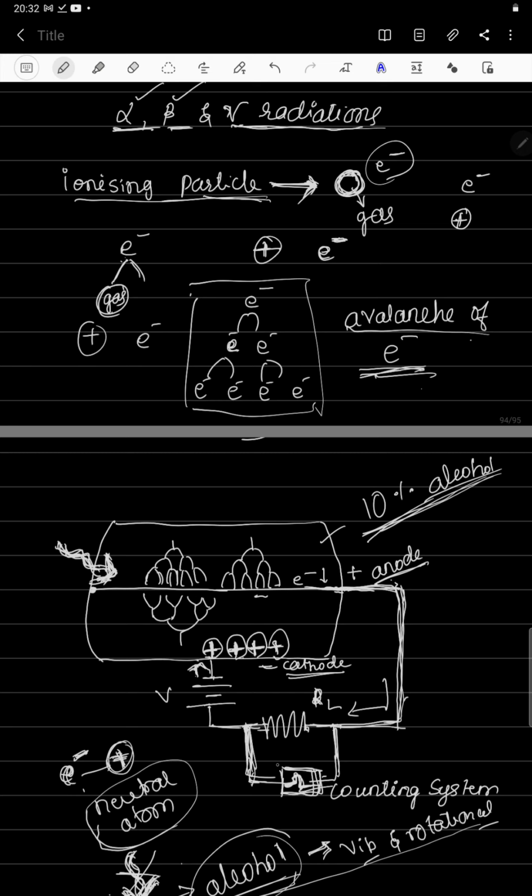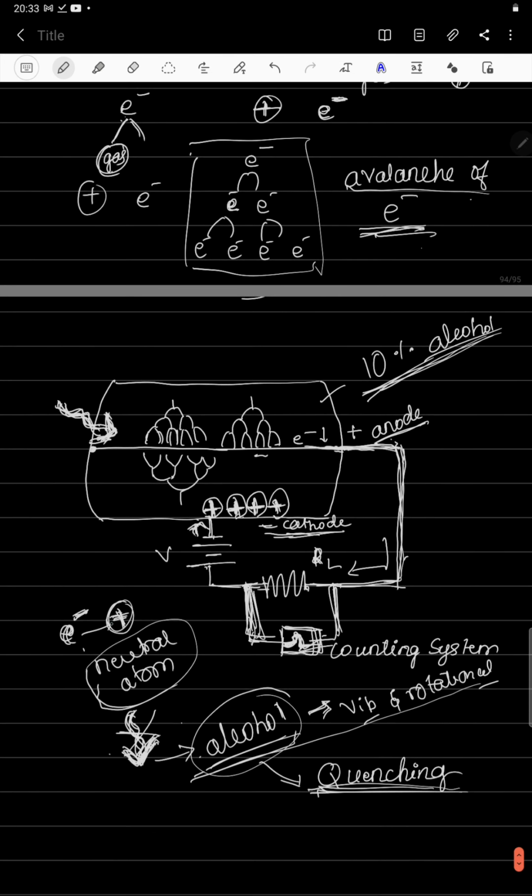And these electrons, during their motion, produce a large potential drop across the resistor which is connected to the counting system, which we record as the counts. And again these electrons reach the cathode, which is negatively charged, and towards the cathode there are already positively charged gas ions. So these electrons combine with the gas ions at the cathode.